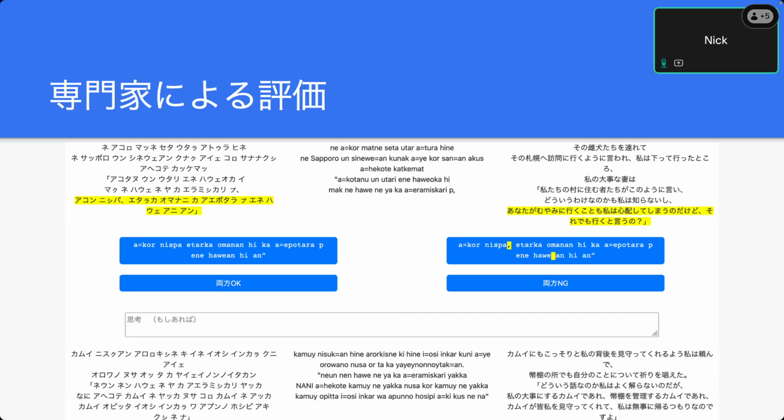The order is random to eliminate bias. And the expert can select which one is correct, or indicate that both are correct or that neither is correct, and can enter additional comments in the text box below whenever there's something that needs to be pointed out.